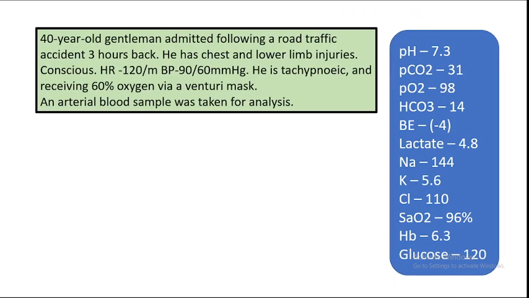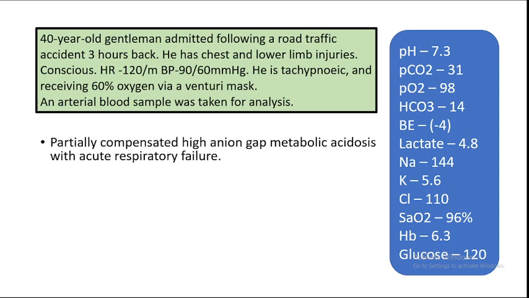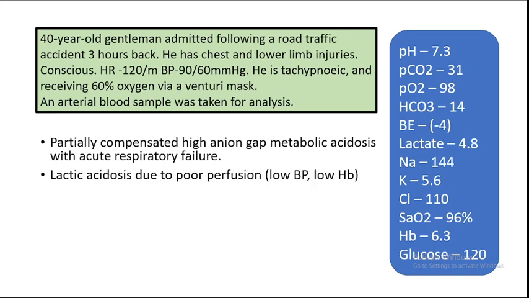But what if you combine the blood gas values with your patient? Now, your patient is coming after a trauma. He has chest and lower limb injuries. He's tachypneic, tachycardic, and his blood pressure is low, and he is given oxygen. Now, this patient has partially compensated high anion gap metabolic acidosis with acute respiratory failure.